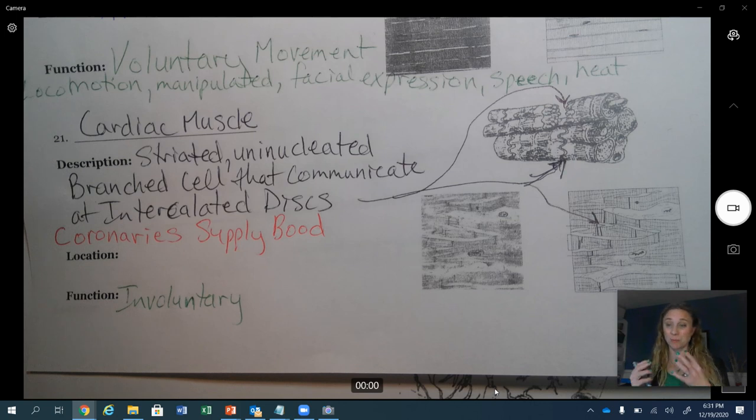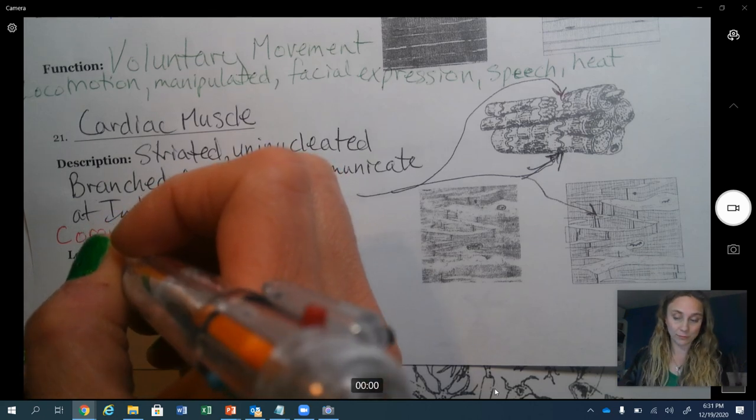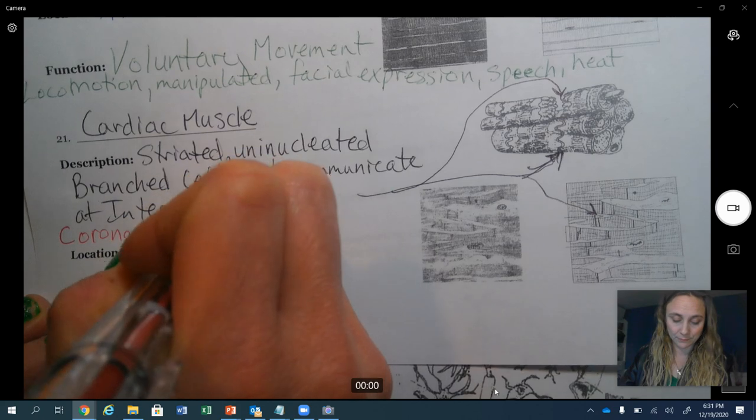Lots of smooth, maybe simple squamous epithelial tissue and some connective tissue there, and those tissues keep going and line arteries and other vessels. So it doesn't get oxygen from the blood that it's pumping necessarily. You have to have the coronary arteries that supply the blood to the heart tissue. So location, let's say walls of the heart. Okay.